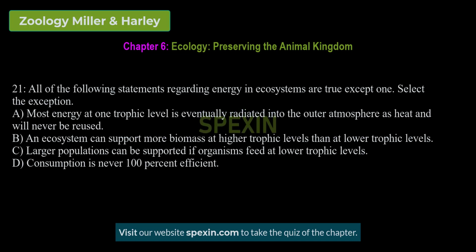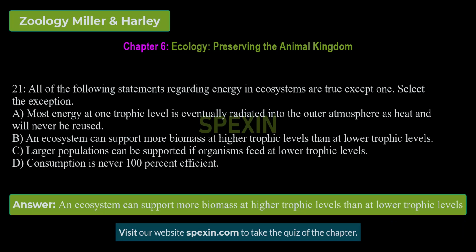Most energy at one trophic level is eventually radiated into the outer atmosphere as heat and will never be reused. An ecosystem can support more biomass at higher trophic levels than at lower trophic levels. Larger populations can be supported if organisms feed at lower trophic levels. Consumption is never 100% efficient. Correct answer: an ecosystem can support more biomass at higher trophic levels than at lower trophic levels.